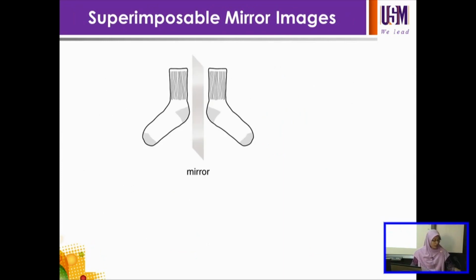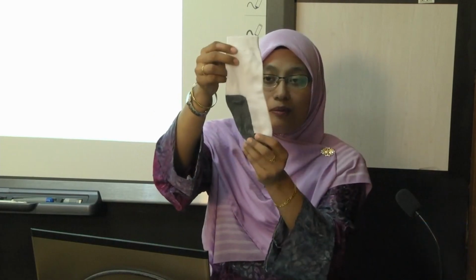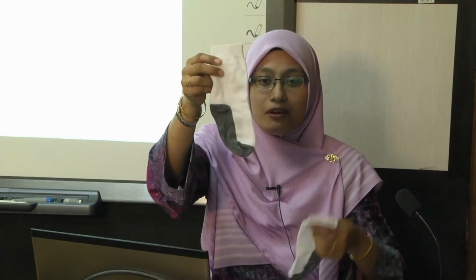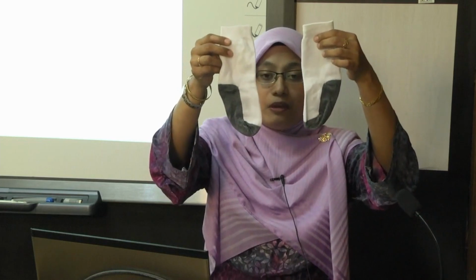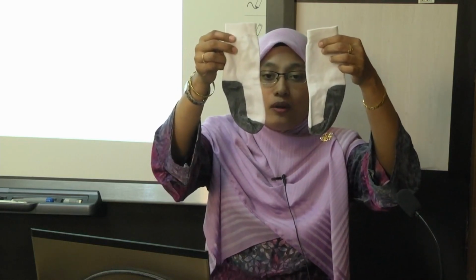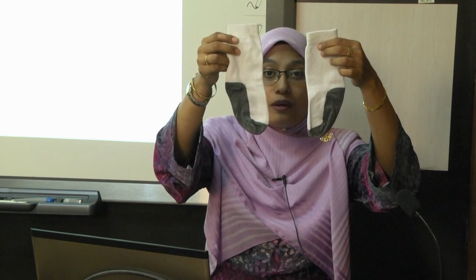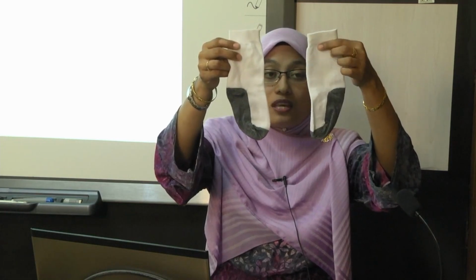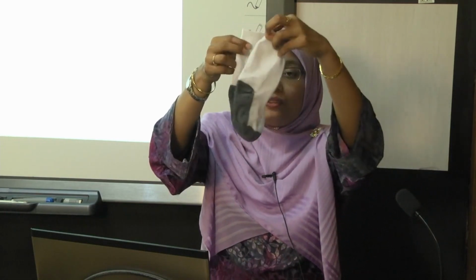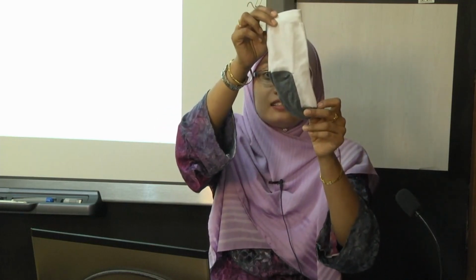What if we have socks? Here I have my daughter's socks. When I put these socks in front of a mirror, I will see this mirror image. But when we try to superimpose the socks, we rotate the socks and we can see that they are actually identical.